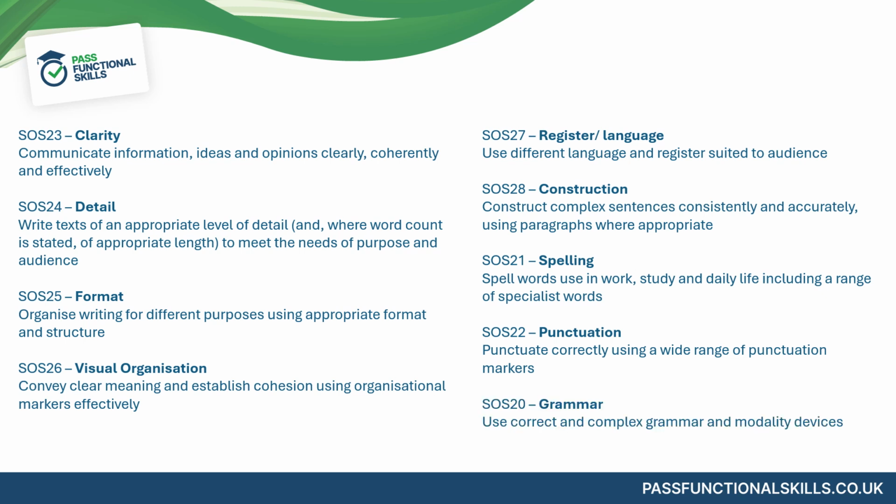Then finally we've got grammar. So grammar refers to making sure that your sentences are constructed correctly and they all make sense. So again, we need to use correct and complex grammar.